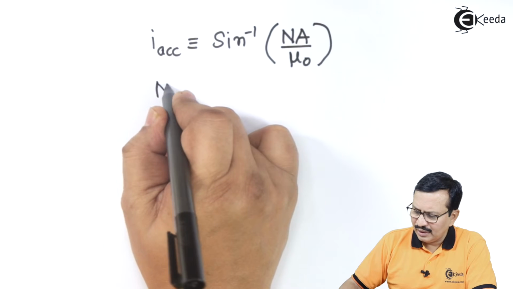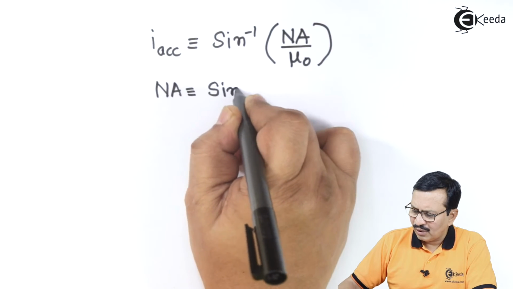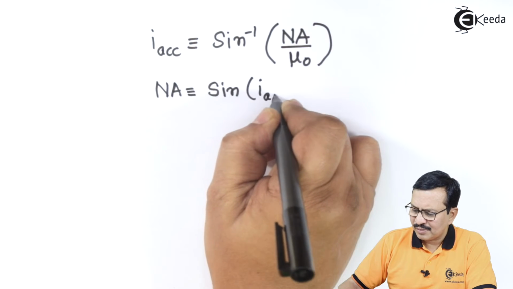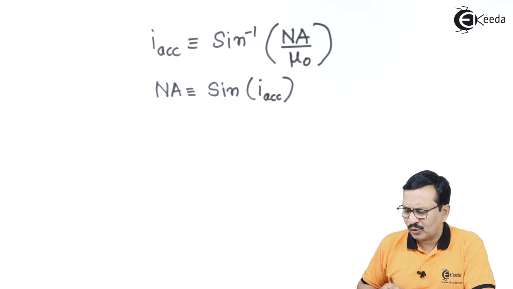So your NA is equal to sine of angle of acceptance, wherein I have assumed that the refractive index of the medium is 1, and hence we are not writing it down over here.